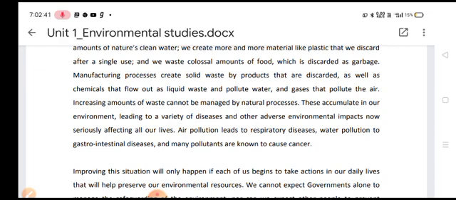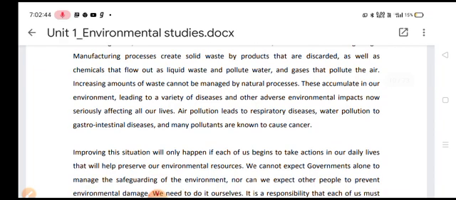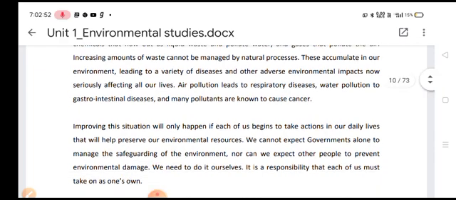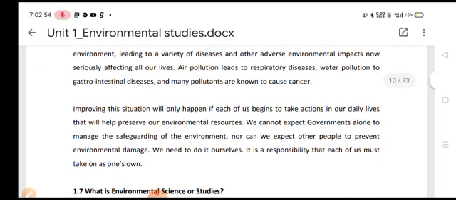Increasing amounts of waste cannot be managed by natural processes. These accumulate in our environment, leading to a variety of diseases and other adverse environmental impacts, now seriously affecting all our lives. Air pollution leads to respiratory diseases, water pollution to gastrointestinal diseases, and many pollutants are known to cause cancer.